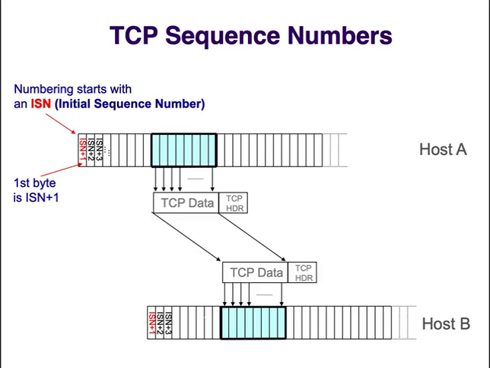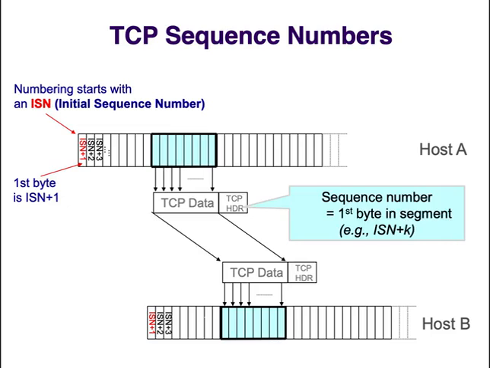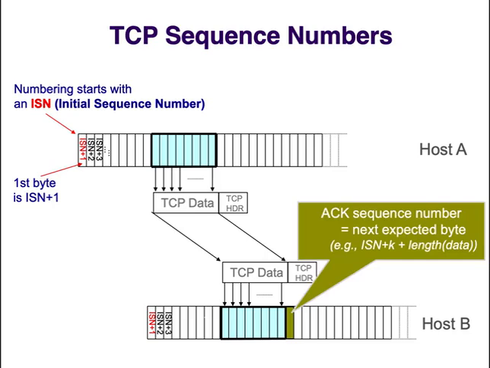When you then take a chunk of those bytes and send it out as a TCP packet, your sequence number is the offset of the first byte in that segment. So if you were k bytes past the beginning, you'd be ISN plus k. And when you acknowledge, the sequence number that TCP sends back in its acknowledgement to the sender is the first byte after all the bytes that have been received.